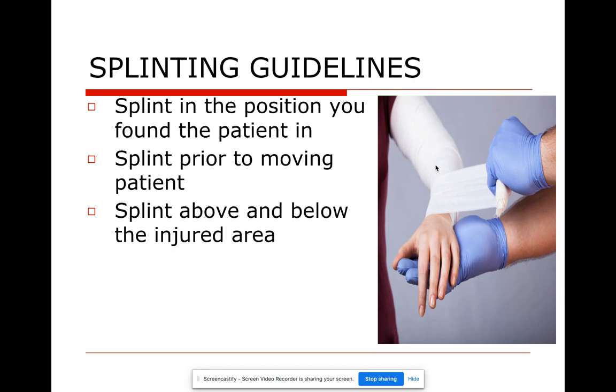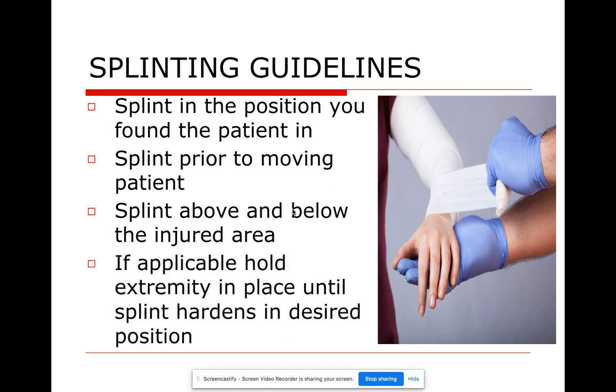We want to go above and below to ensure there's no movement and no chances of that bone moving around. And if applicable, hold the extremity, the arm, leg, whatever it is, in place until the splint hardens to the desired position, because there are some splints that need some time to harden before you have them moving around, and that way it maintains that position.